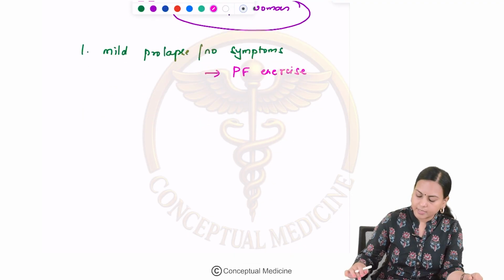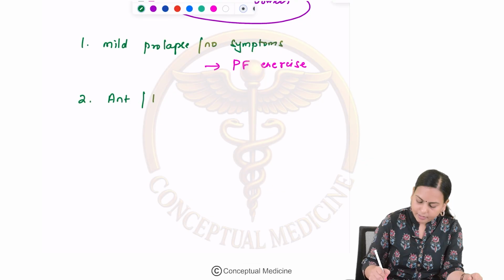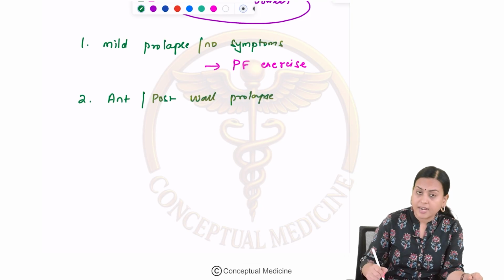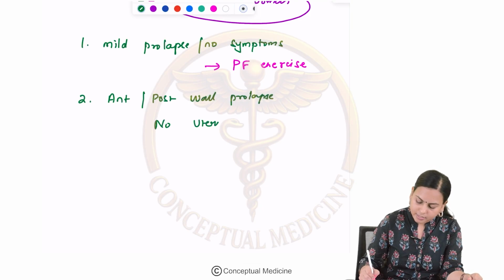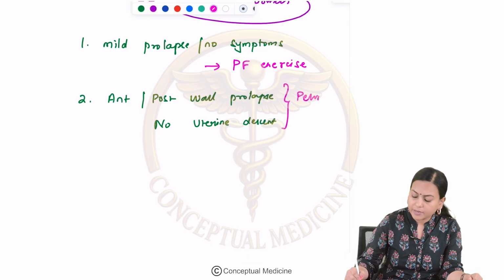Then if she suppose has anterior or posterior wall prolapse and there is no uterine descent, you can offer her pelvic floor repair.